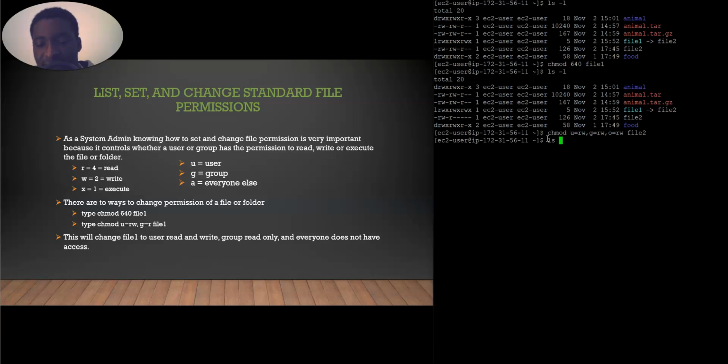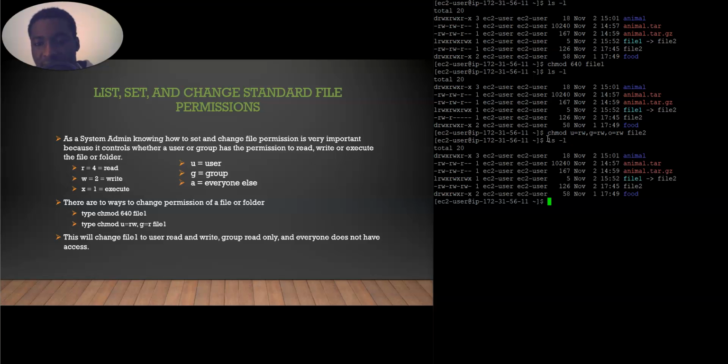And list the contents of the directory. We should see that the user of this file can read and write, the group of the file can read and write, and everybody else can read and write.